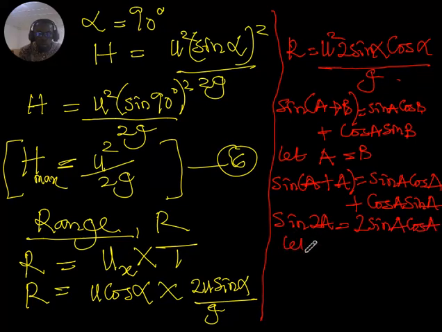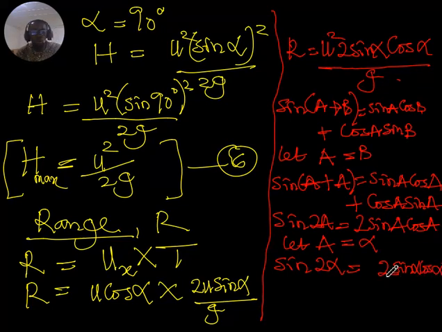But let a now be taken as alpha, so that may give me sine 2 alpha equals 2 sine alpha cos alpha. Now that 2 sine alpha cos alpha looks exactly like the expression that we have here, and the trigonometric expression for 2 sine alpha cos alpha is sine 2 alpha.